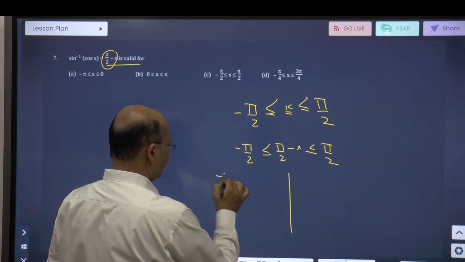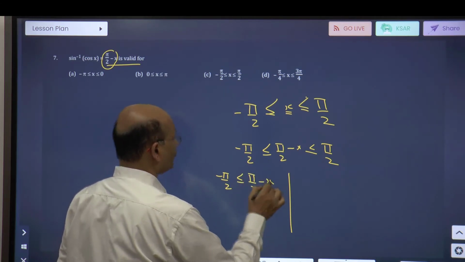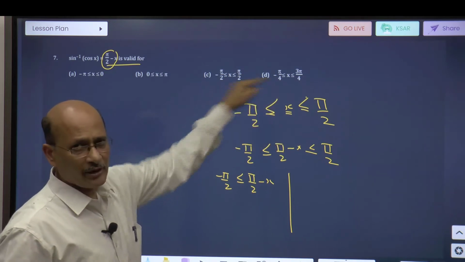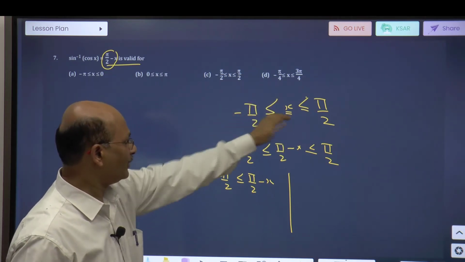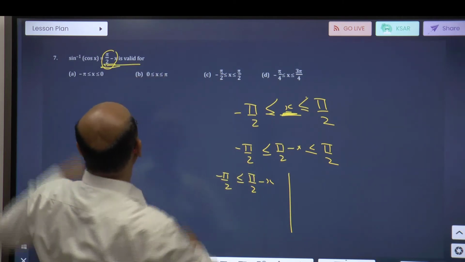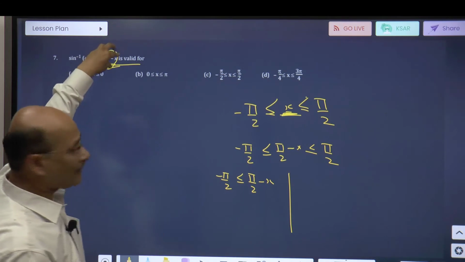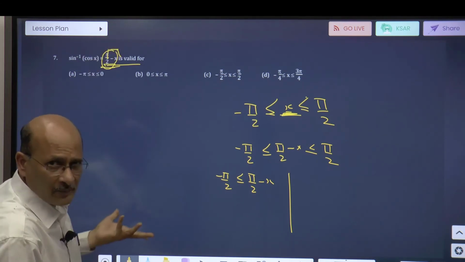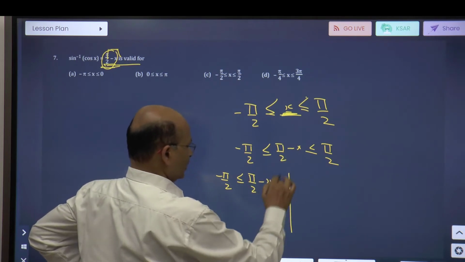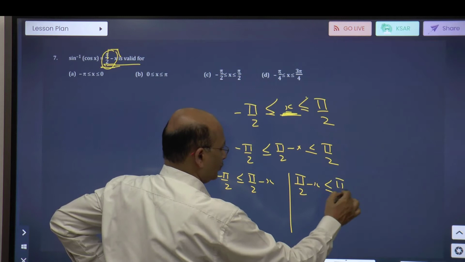So I can write minus pi by 2 less than or equal to pi by 2 minus x, because all they are asking is the x value. That's why I am building up and focusing on the principal value. Based on this, this is replaced by this, because pi by 2 minus x is valid for what? So in place of x, if pi by 2 minus x happens to be there, what is the point? Okay, that's the message. So in this case I can write this also: pi by 2 minus x less than or equal to pi by 2.